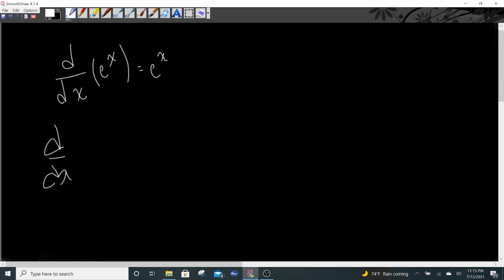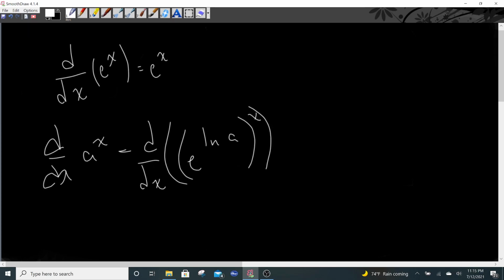So d dx of a to the x is equal to d dx of e to the ln a, to the x power.